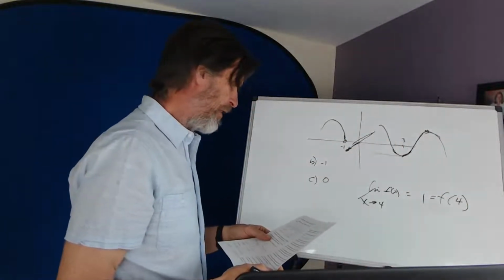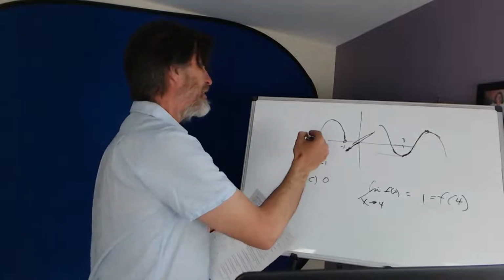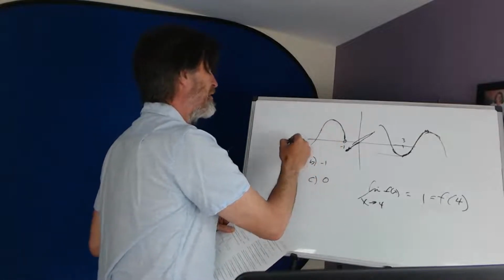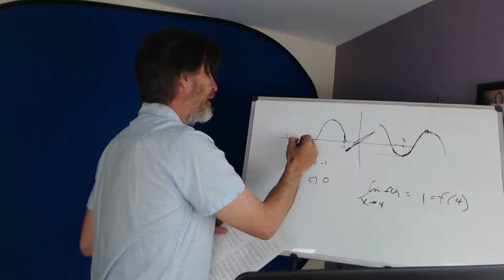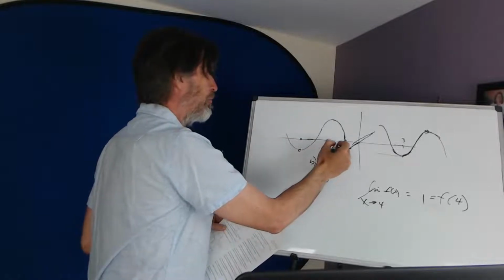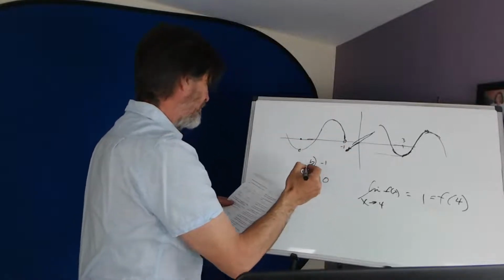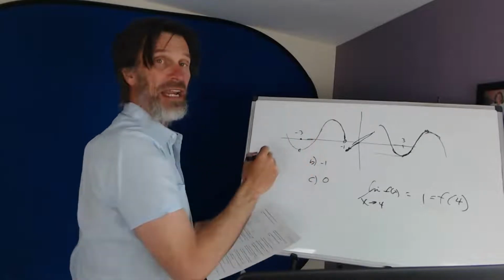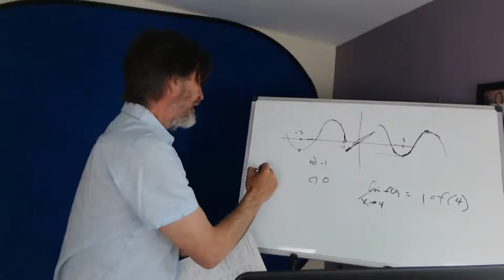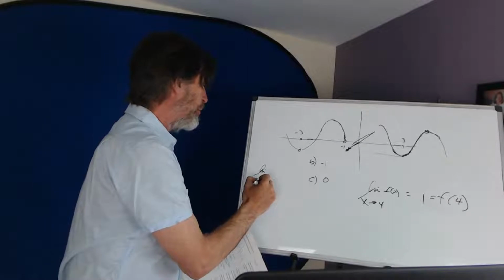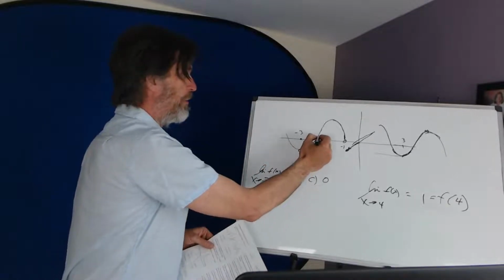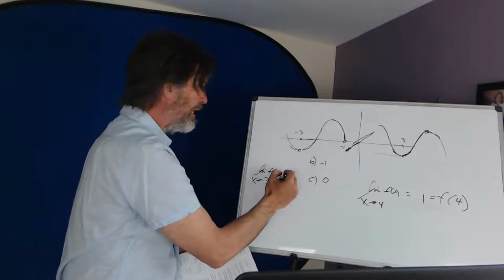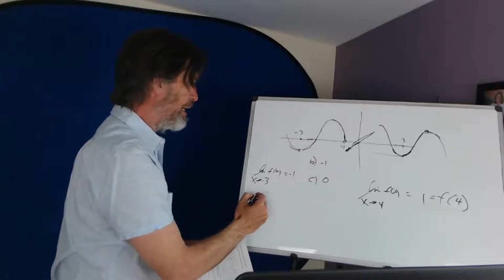If I could offer a counterpoint to that, let's say we had a function, and that isn't this function, but let's say we had a function that had, say, an open circle there and maybe a point right there. We'll call that, for the sake of argument, let's say that that value is at -3. If I take the limit as x approaches -3 of f of x for this one, both from the left and from the right, that would have been -1.